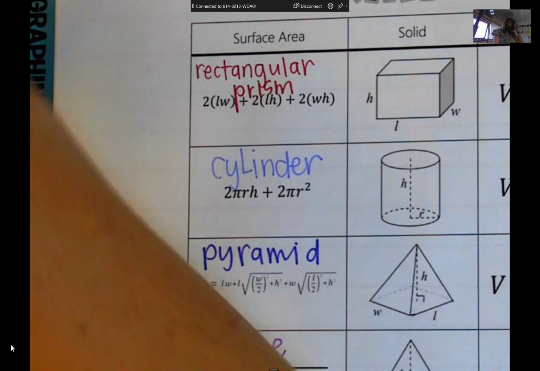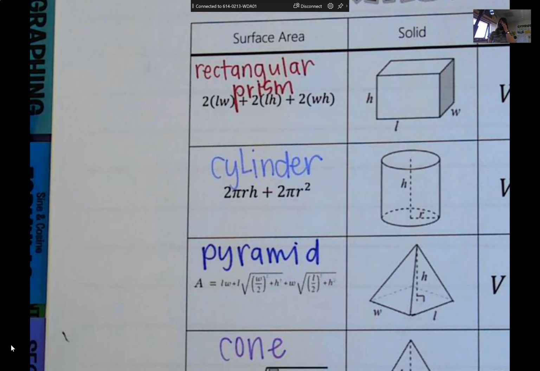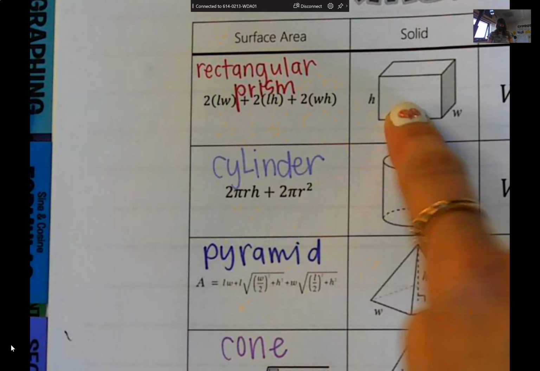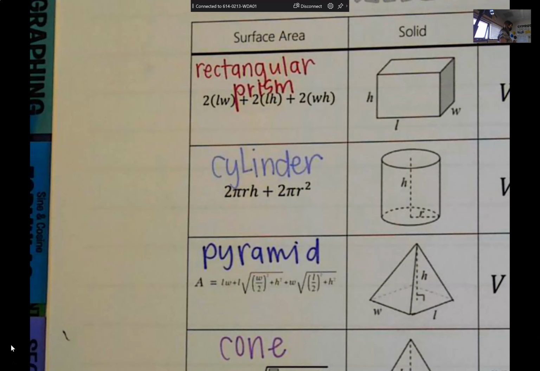Why? Because he is a rectangle. All of his sides, well, they don't all have to be, but most of his sides are rectangle shaped. If all of the sides are square, that's really special. You have a cube.